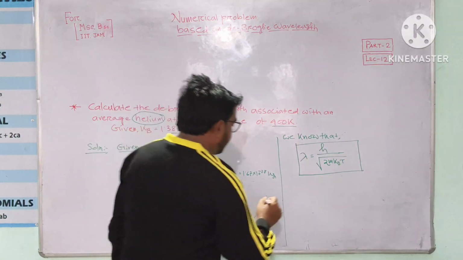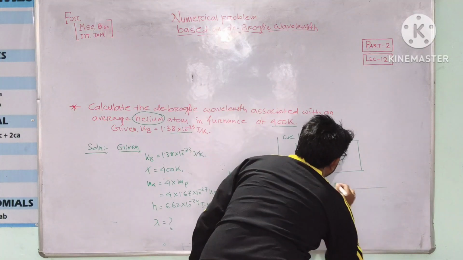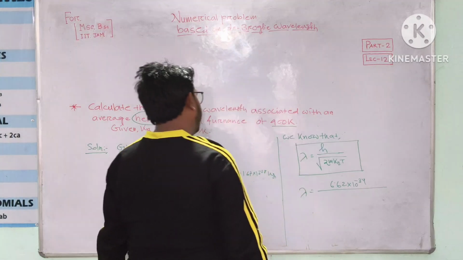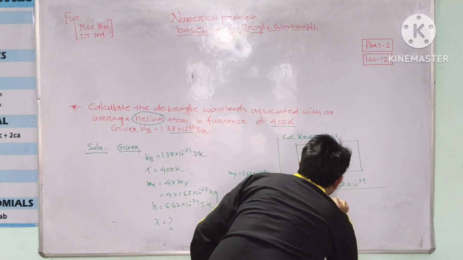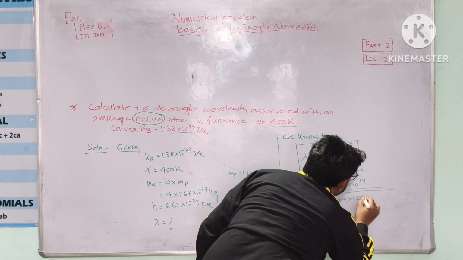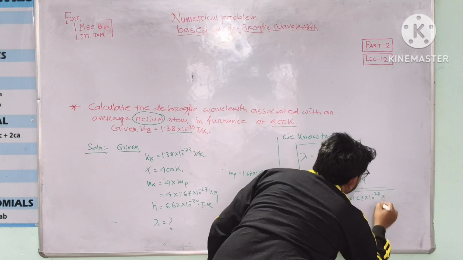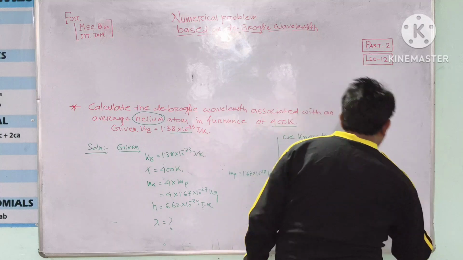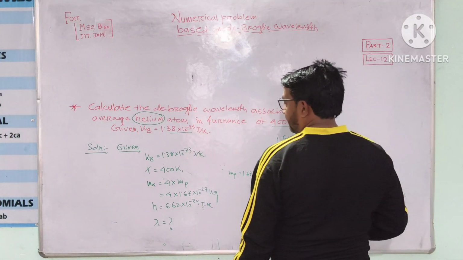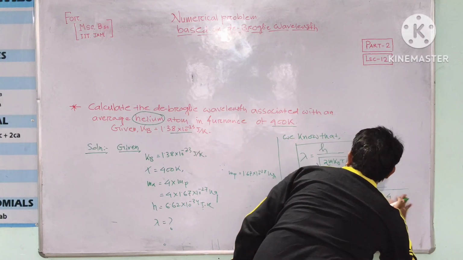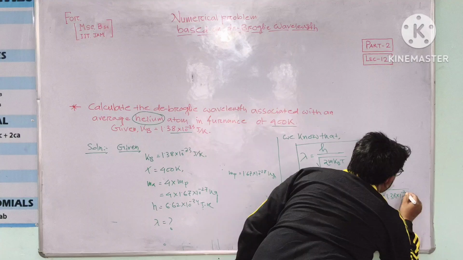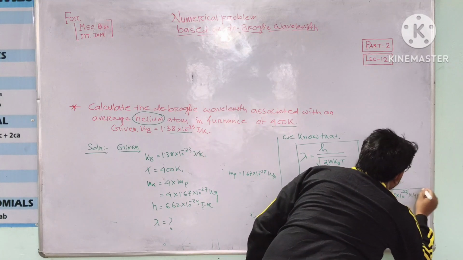Okay. So the value of h, Planck constant, 6.62 into 10 to the power minus 34, and the mass value of alpha particle 2 into 4 into 1.67 into 10 to the power minus 27, and Boltzmann constant 1.38 into 10 to the power minus 23, and temperature is 400 Kelvin.